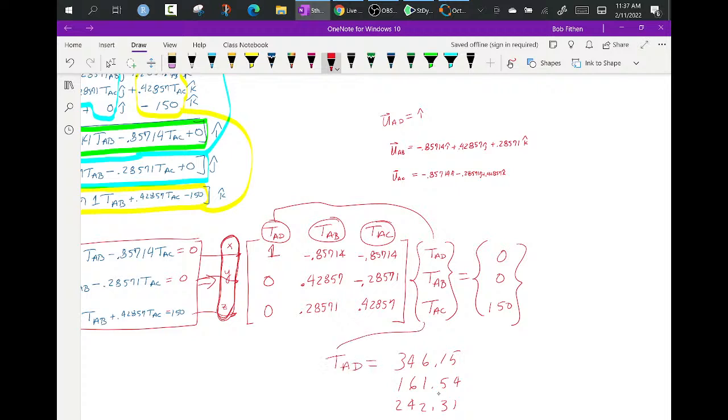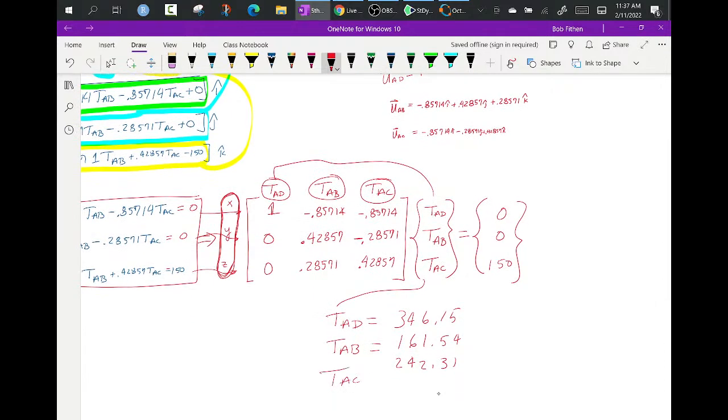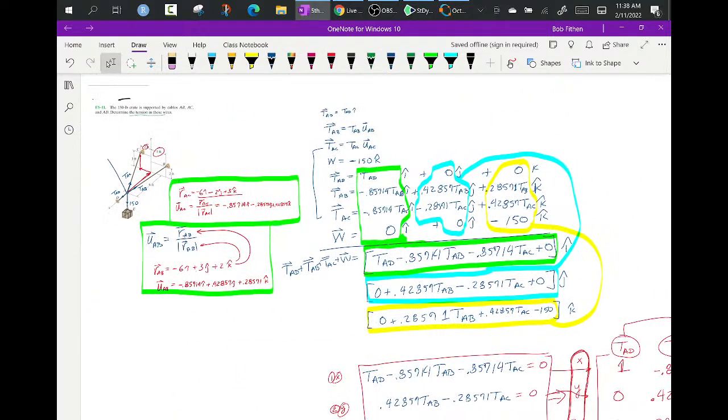PAD equals, PAB equals, and PAC equals. And these are my answers.